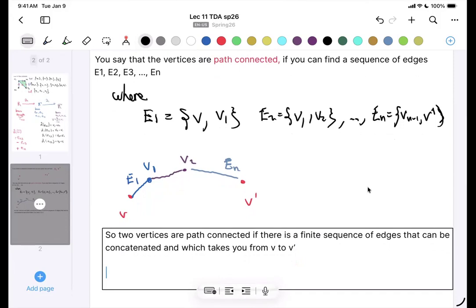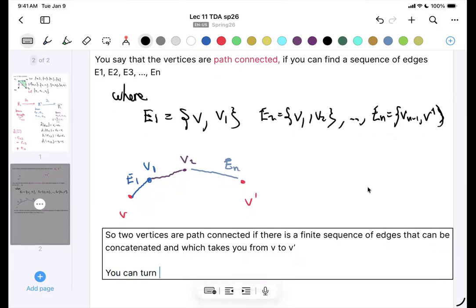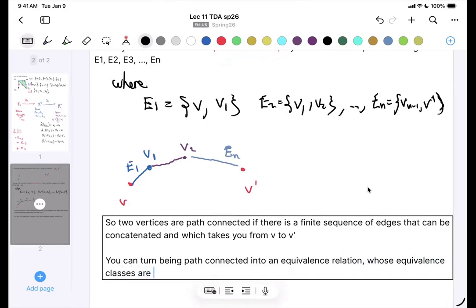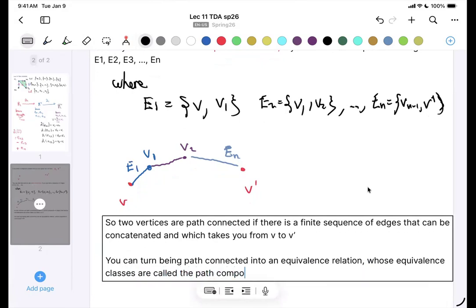So you can turn being path connected into an equivalence relation whose equivalence classes are called the path components of the simplicial complex.